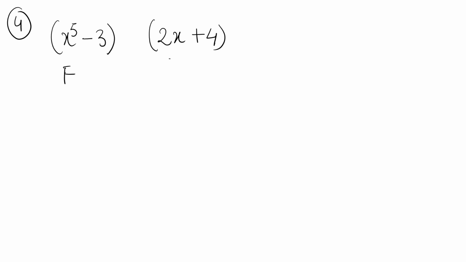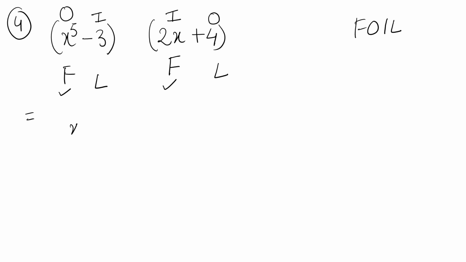First terms, outer terms, inner terms, last terms. First terms multiplication, that is x to the power 5 multiplied by 2x, and that will be 2x to the power 6 because the powers add, with the coefficient 2.